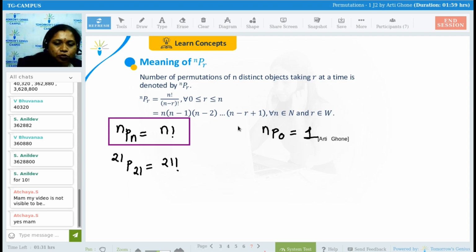Only one way will be there, no? I have anything and I am arranging 0 things out of that. So that is done in only one way. Clear? So nP0 is always equal to 1. Most of the time this is not a useful case, but we'll still take it.